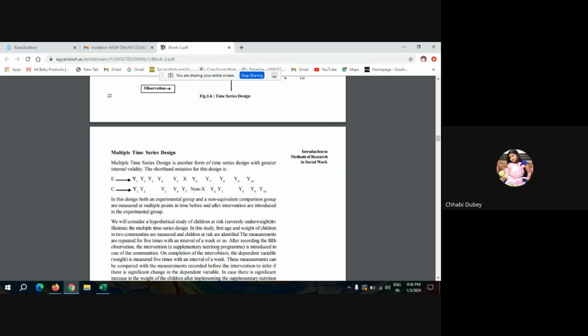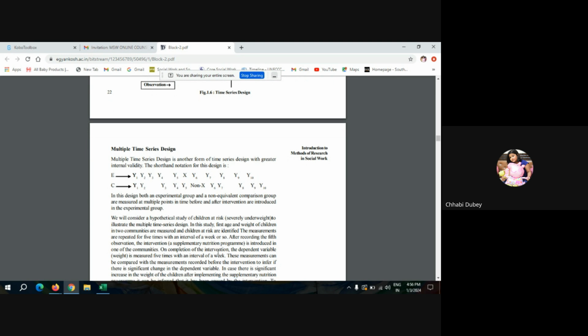Then the second time, we take the measurement without introducing the stimulus, and we again take the measurement, and this process goes on multiple times. That is why it is known as multiple time series designs. But here, in the control group as well as in the experimental group, we do not assign the individuals on a random basis.